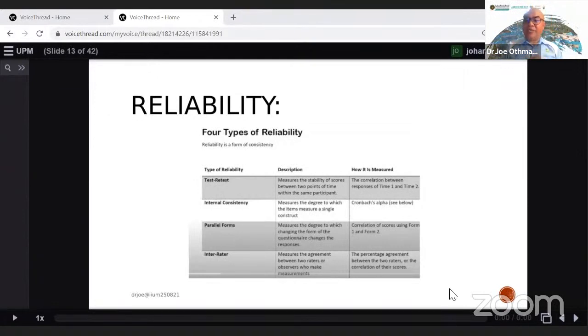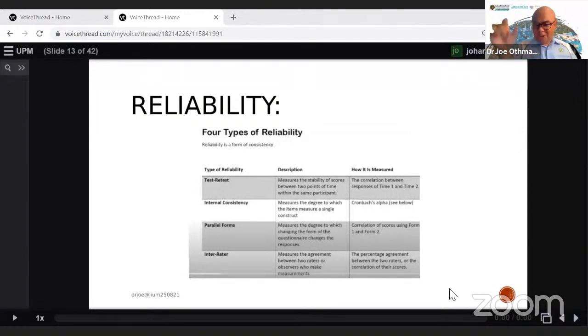Finally, the internal consistency. The internal consistency is about measuring a construct or measuring one topic. And using mathematics or statistics, you can come up with a Cronbach alpha. So this is a little bit more detailed or more technical. Using SPSS or Excel or SAS, you can come up with the Cronbach alpha value.